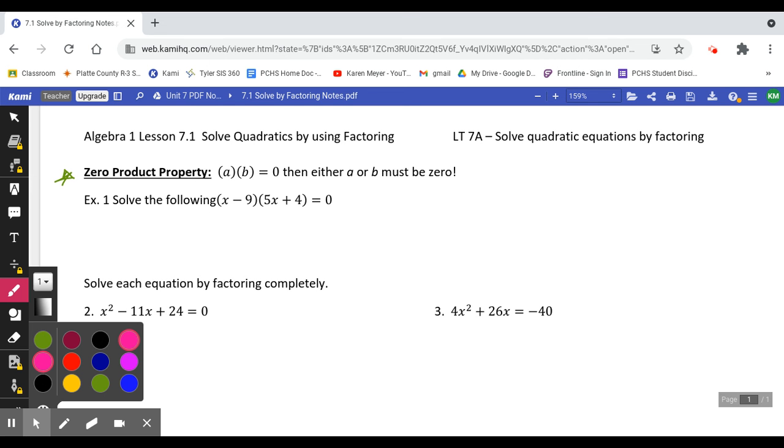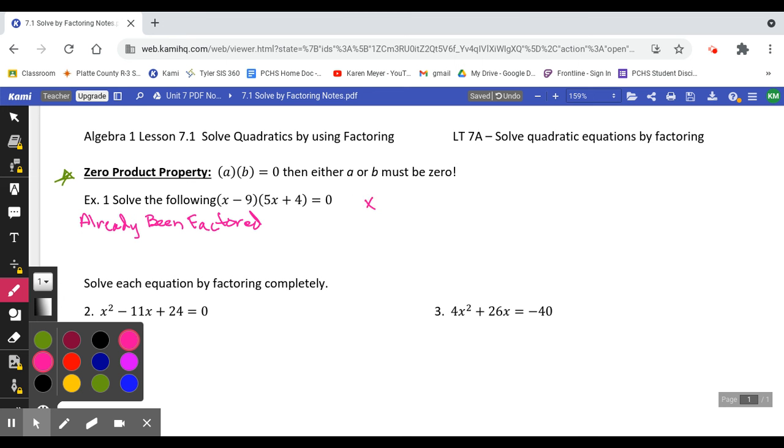Okay, on this one, you're going to notice that this one has already been factored. Yay! Because it's already set up into the 2 sets of parentheses. So once you've done the factoring portion, this is what you're going to do.